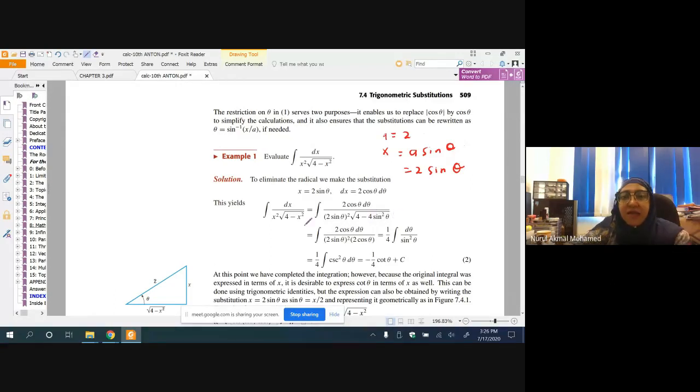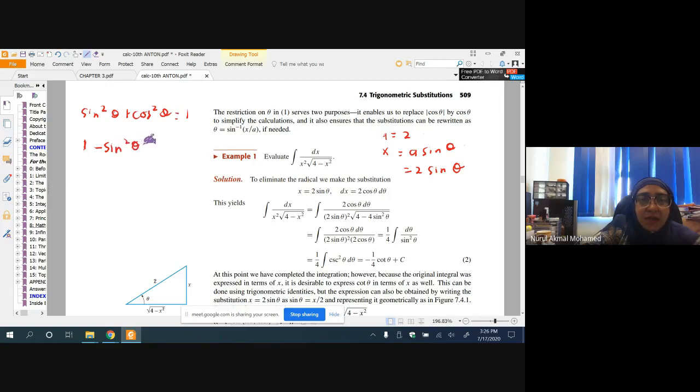You can simplify this from the identity: sine squared theta plus cos squared theta is equal to 1, so 1 minus sine squared theta is equal to cos squared theta.